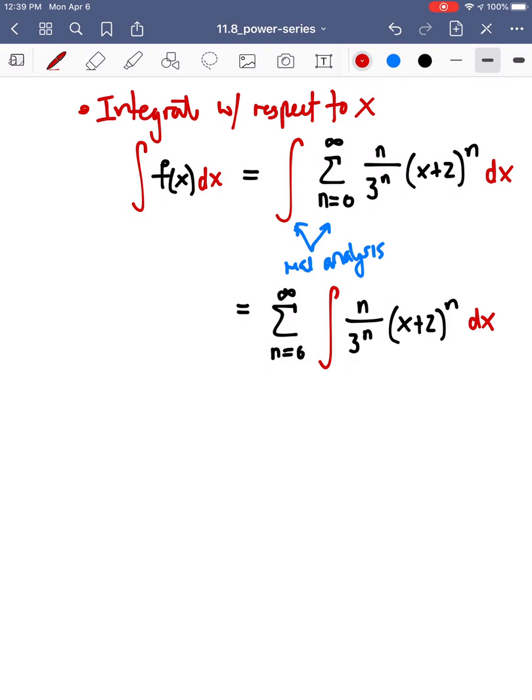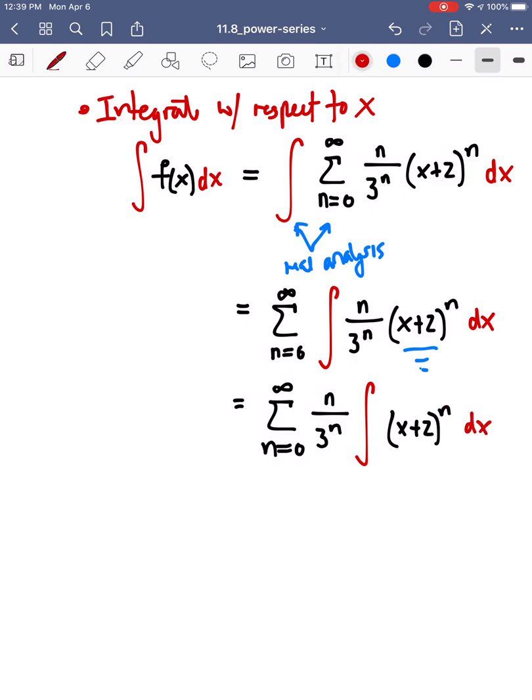Okay. And now when we're integrating with respect to x, again, we have to investigate each of the terms in our power series. And the x plus 2 term is the only term that has any x dependence. That n over 3 to the n just looks like a constant for us. So our integral sign will pass that n over 3 to the n as well. And the only term it's really going to affect is that x plus 2 raised to the nth power. So again, the only thing the integral is really going to affect here is the x-dependent stuff in our power series.